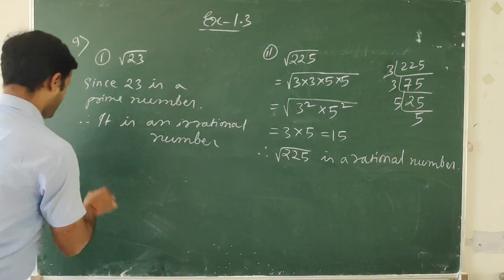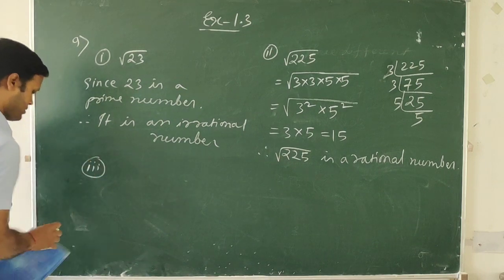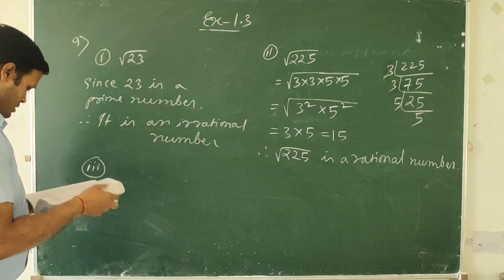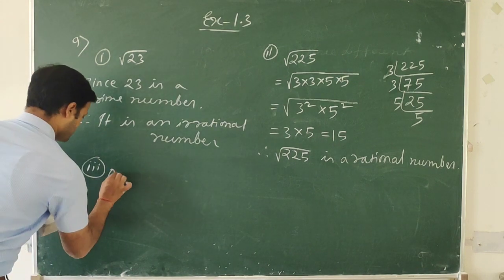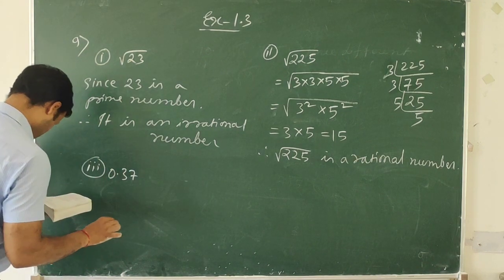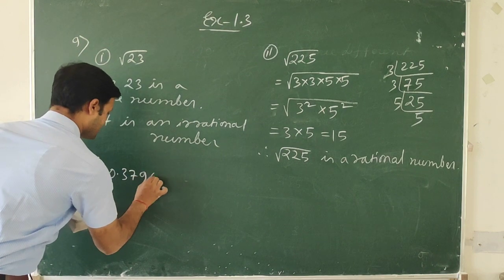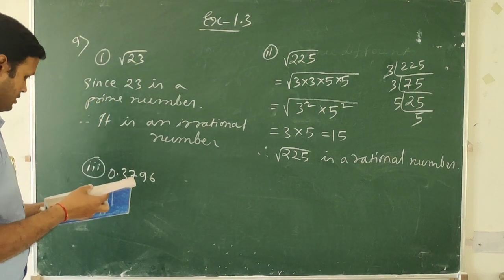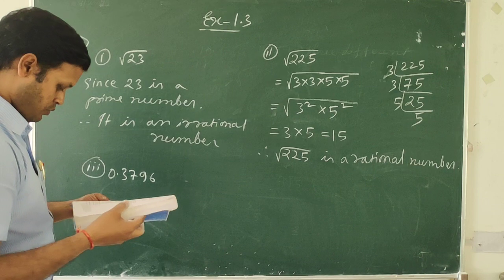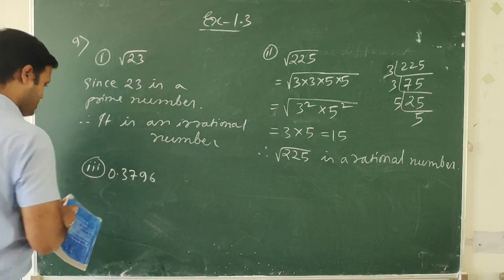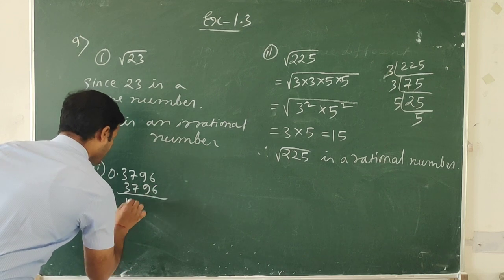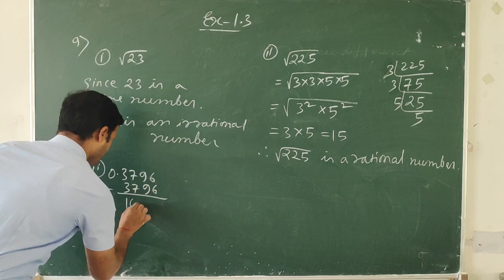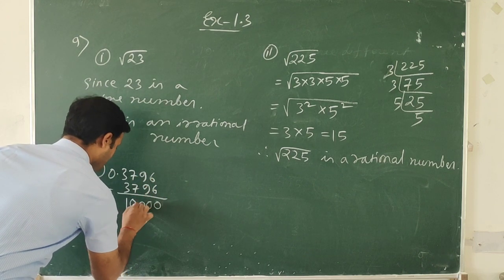Again, number 3 is 0.3796. 0.3796 is equal to 3796 over 10000, after 1, four zeros.